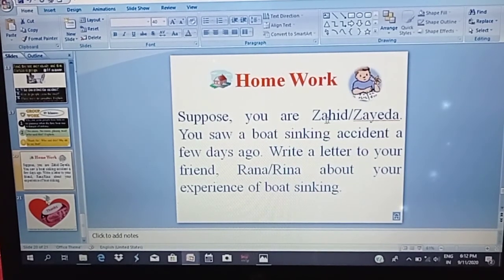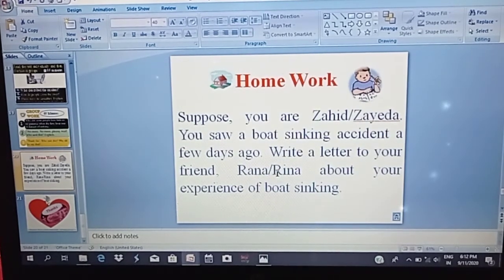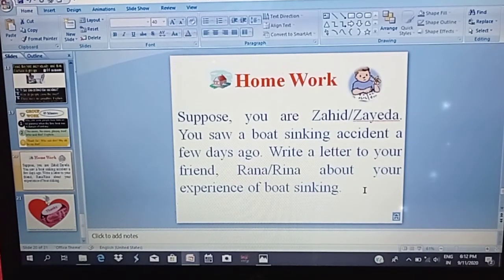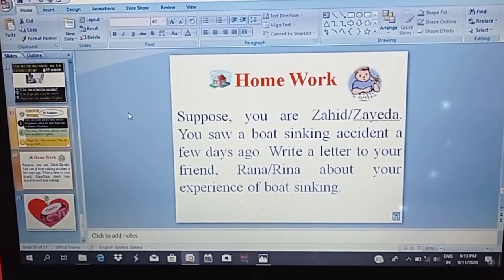Suppose you were Jahid or Jaida, you saw a boat sinking accident a few days ago. মনে করো তুমি জাহিদ অথবা জায়দা এবং তুমি একটি নৌকা ডুবির দুর্ঘটনা দেখেছো কিছুদিন আগে। Write a letter to your friend Rana or Rina about your experience of boat sinking. এখন এই নৌকা ডোবার দুর্ঘটনাটি তুমি তোমার বন্ধু রানা অথবা রিনার কাছে তোমার এই দুর্ঘটনা দেখার অভিজ্ঞতাটি বর্ণনা করবে। And you will try to write all the answers and this homework also by using your own experience, your own imagination and your own language.